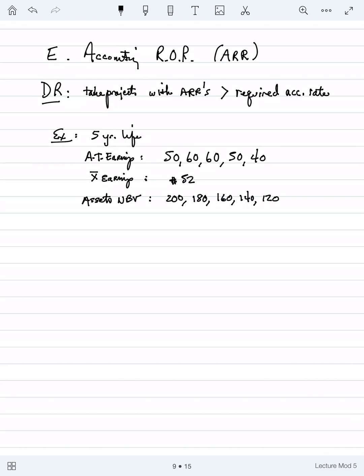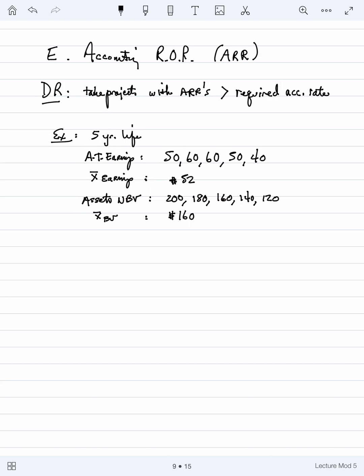And that's what's happening at the start of each year over the 5-year life. Here the average book value of this investment is 160, again the sum of the book values divided by 5.